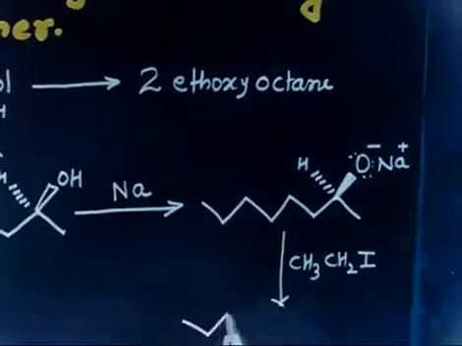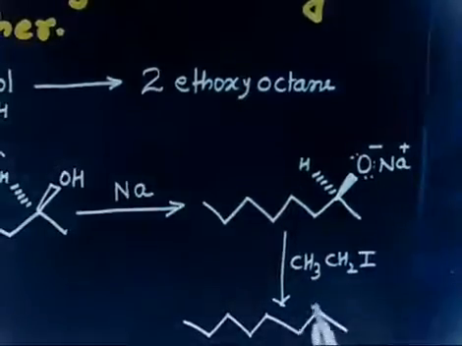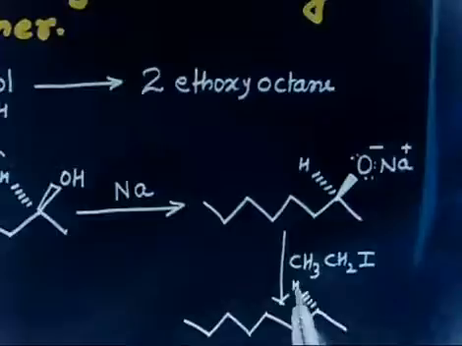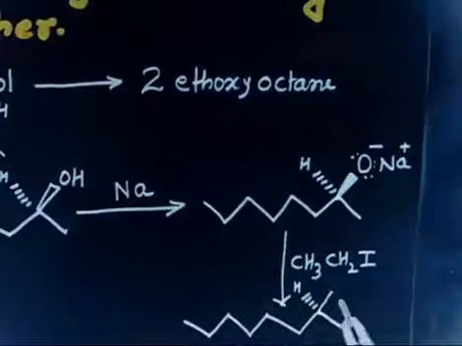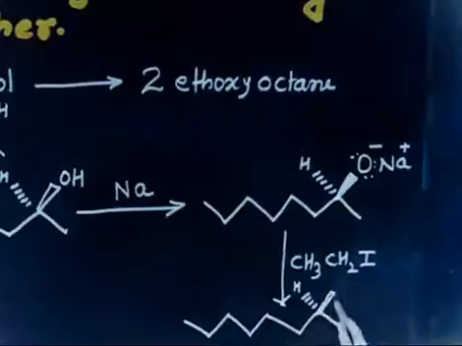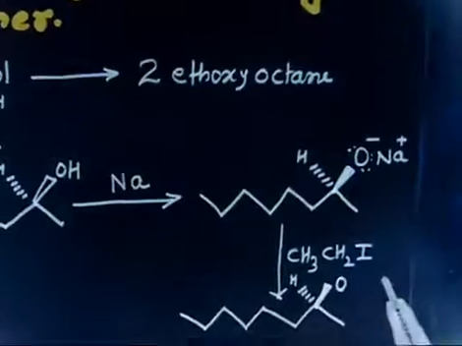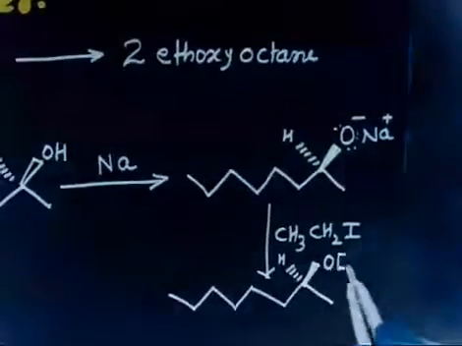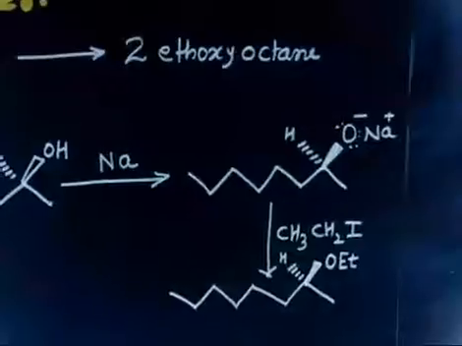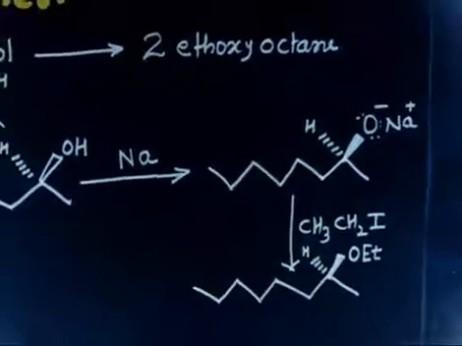I think all of you are able to understand this one. This is quite easy. You will have a hydrogen in the back, and now this O minus will attack CH2CH3. So you will have O CH2CH3, let me write OEt. So you will have this compound. This is the first route for preparing this ether.